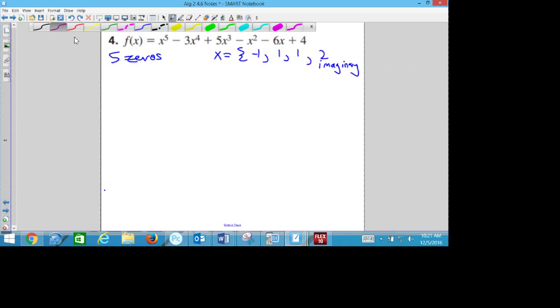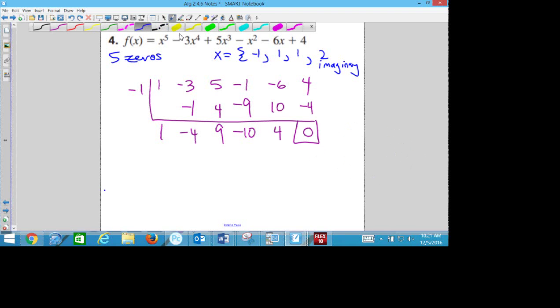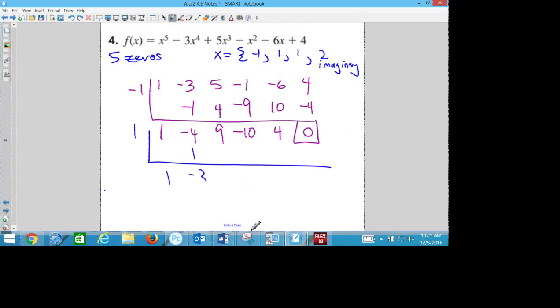When we do our synthetic division, the -1... I'm just doing my synthetic division for each zero.